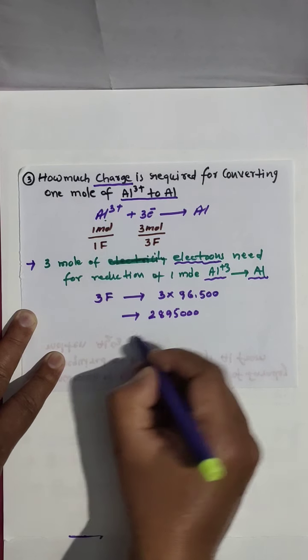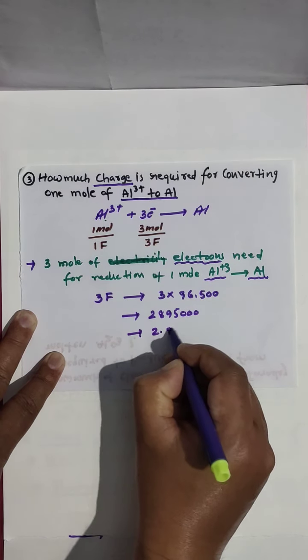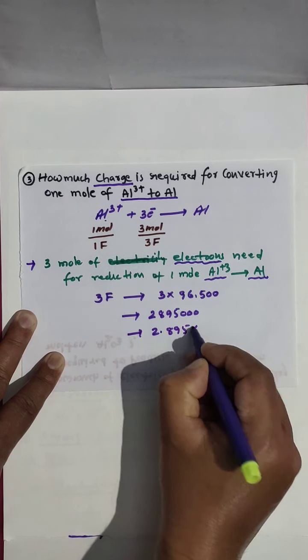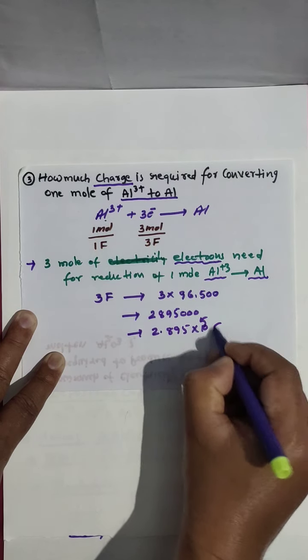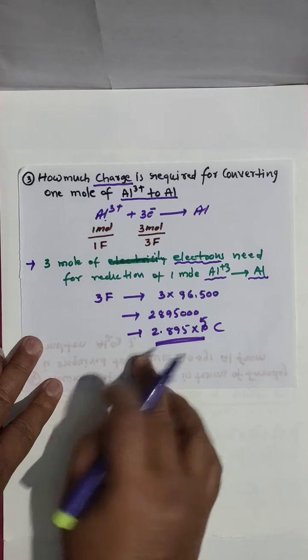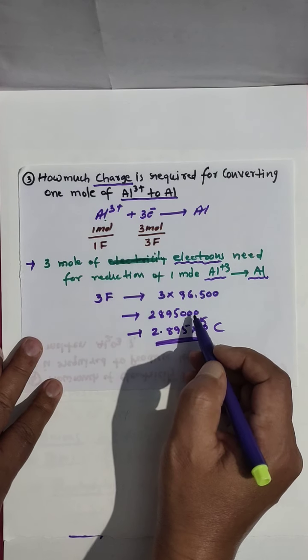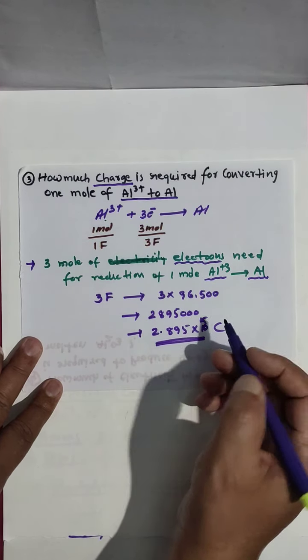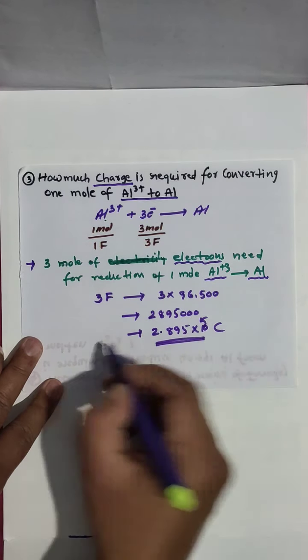Clear? Then you can write this as 2.895 into 10 to the power of 5 coulombs. Like this you have to calculate. This much charge you have to supply.